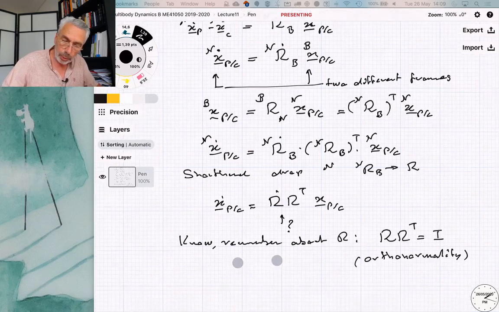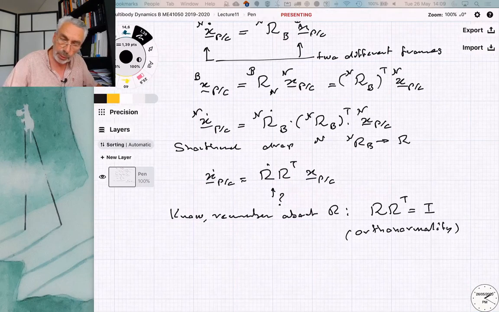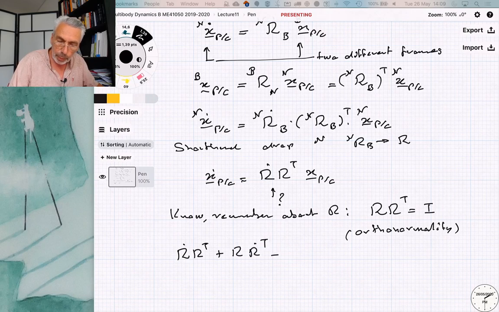Now we can get dots there. So why don't we just differentiate this guy? So we get R dot R transpose, but we have two parts, so then we do plus R times R dot transpose, and the derivative of an identity matrix is zeros, right? And it's not 1 or 0, it's 3 by 3 zeros.